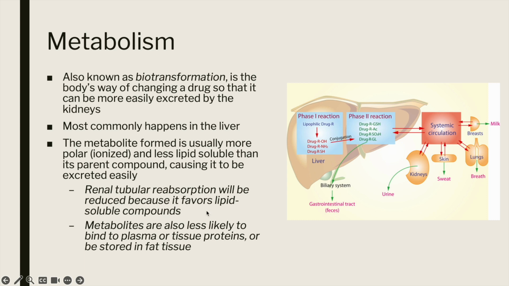So we're not going to be absorbing a lot of this metabolite in the kidneys because those tubes of the kidneys are going to favor lipid-soluble compounds. And again, when we metabolize things, they're becoming more ionized, so they're not going to travel through those lipid membranes as easily. And then those metabolites are also less likely to bind to plasma or tissue proteins or be stored in fat tissues, again because they are more ionized once they are metabolized.